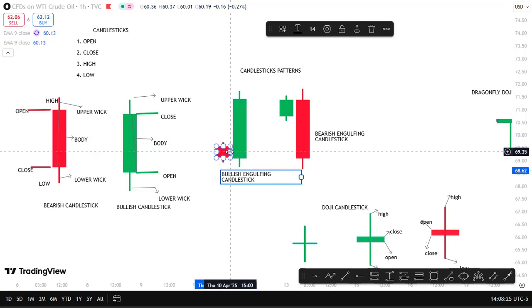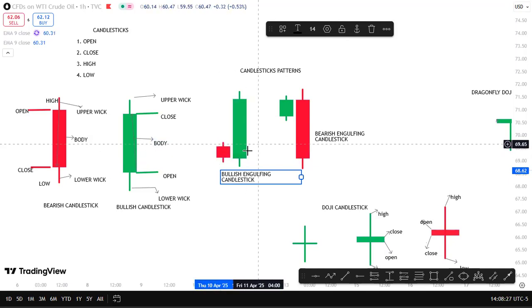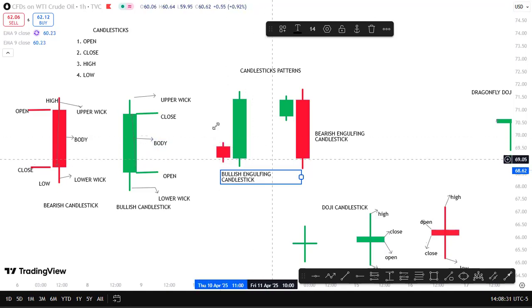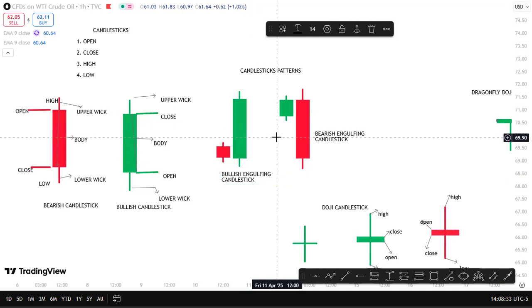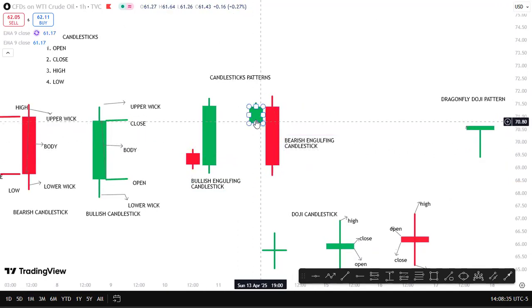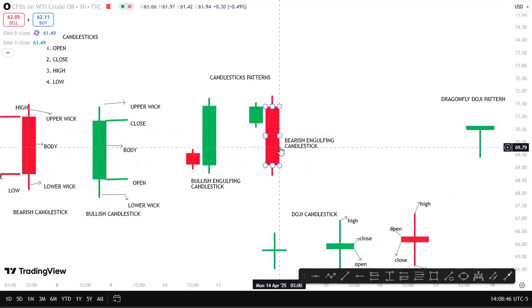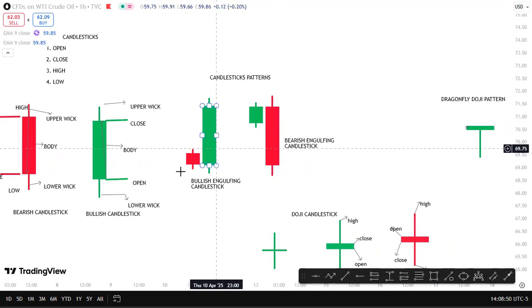So this was a bearish candle, and this was a bullish candle that engulfed this small bearish candle, right? So this is a bullish engulfing candle. Same thing with the bearish engulfing candle. This was a bullish candle first, and then this red candle engulfed this whole bullish candle. A bearish candle can also engulf multiple candlesticks, a lot of small candlesticks here.